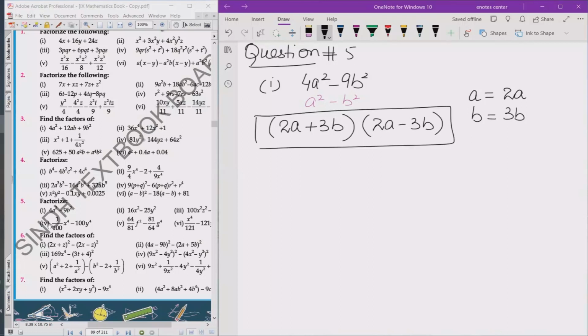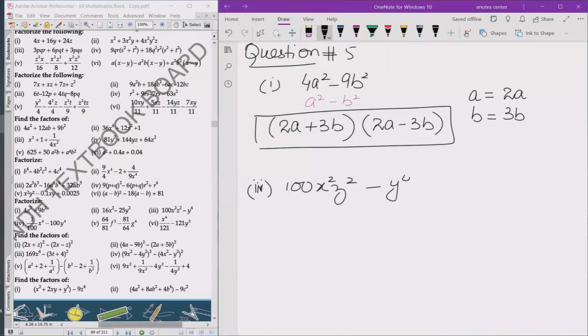Now we can solve question number 4, because questions 2 and 3 are similar. This is 100x square z square minus y to the power 4. First we will decide what a is. A is 10xz and b is y square.